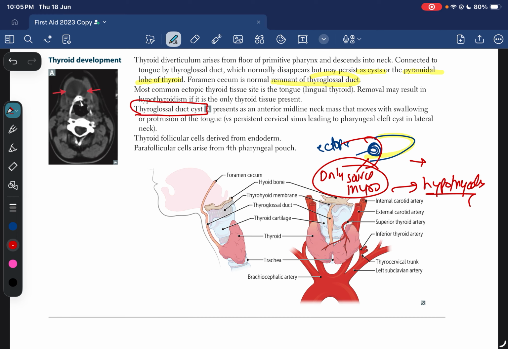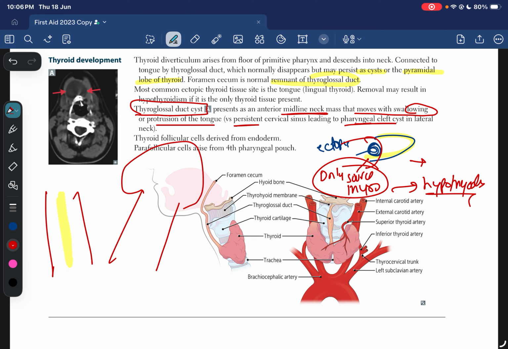A thyroglossal duct cyst presents as an anterior midline neck mass, which is going to move with swallowing or protrusion of the tongue, whereas a persistent cervical sinus leads to a pharyngeal cleft cyst in the lateral neck. So there are two types of masses: one is going to be found in the midline, and the other is going to be found on the lateral aspect of the neck.